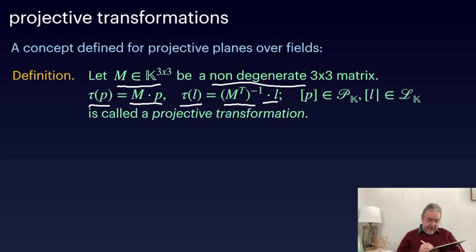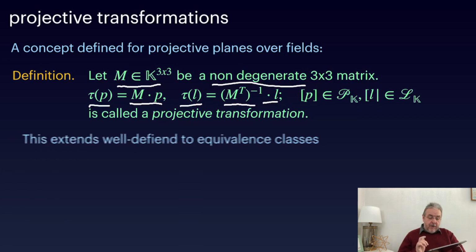You may notice that in that definition I only take the representatives of my elements and not the equivalence classes. But since we have a linear operation here, matrix multiplication is a linear operation on the vector that it's applied to, it doesn't matter if we take representatives or equivalence classes.